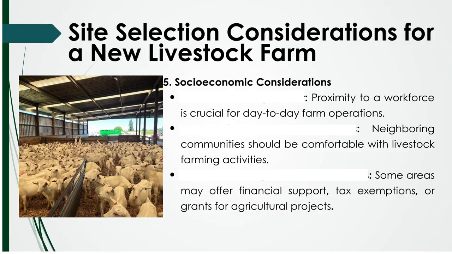It will increase the cost of your operation, so it's not practical to do that. You have to build your farm not too close to the housing estate, but where it is easy to access labor, and it will reduce some costs for you.